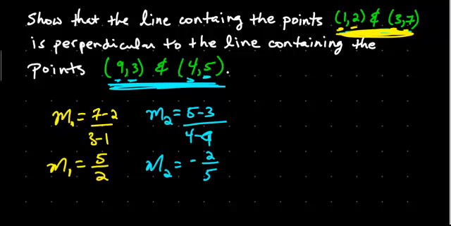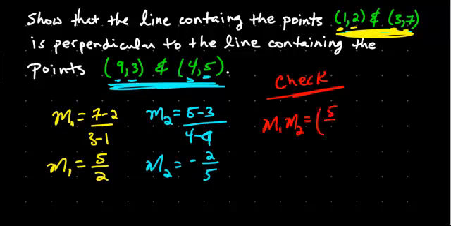Okay, so now let's check and see if they are perpendicular. We want to look at M1 times M2. That's going to equal 5/2 times negative 2/5. See that the 2 cancels the 2, and the 5 cancels the 5.